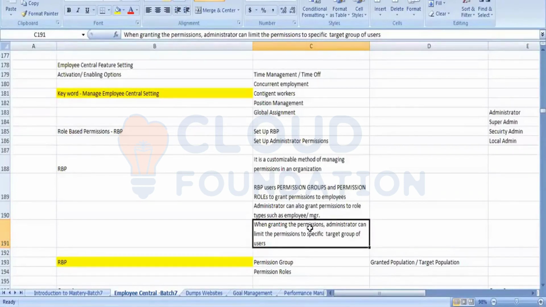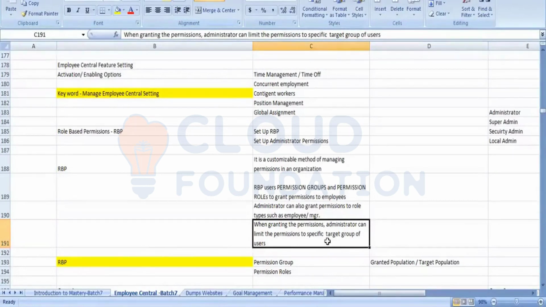No, right. In SuccessFactors, if they want to run the payroll, they should have some permissions, then only they can run the payroll, right? So that only it is saying administrators can limit the permission to specific target group of users. Got it, yes?